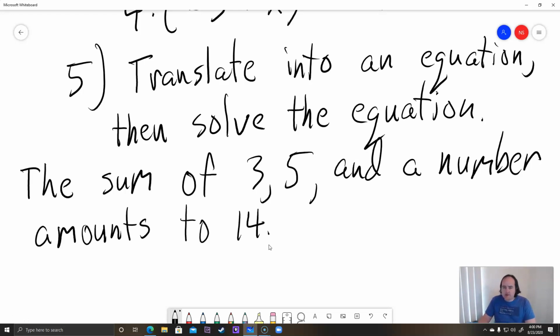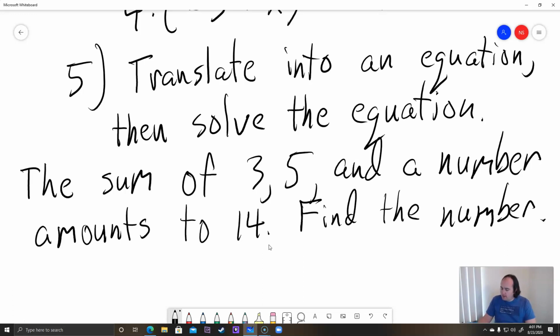And then they have an extra sentence where they say, find the number. Okay, and it's that second sentence that's basically telling us after we've finished translating and we write down the equation, we actually have to solve that equation.